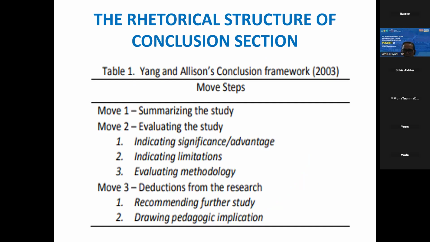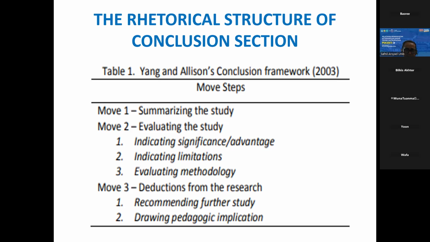The conclusion section consists of three moves. Move one, summarizing the study. Move two, evaluating the study, or criticizing, or showing the limitation of the study.